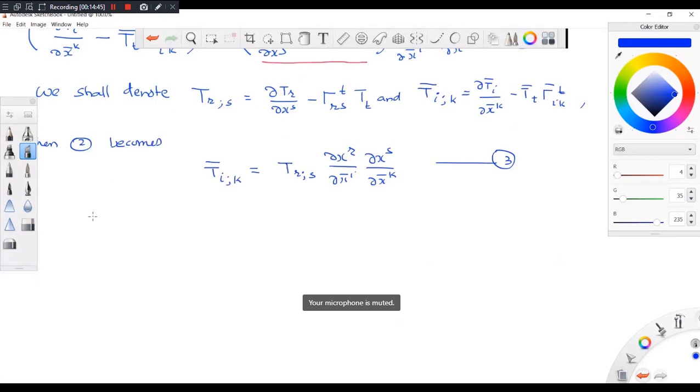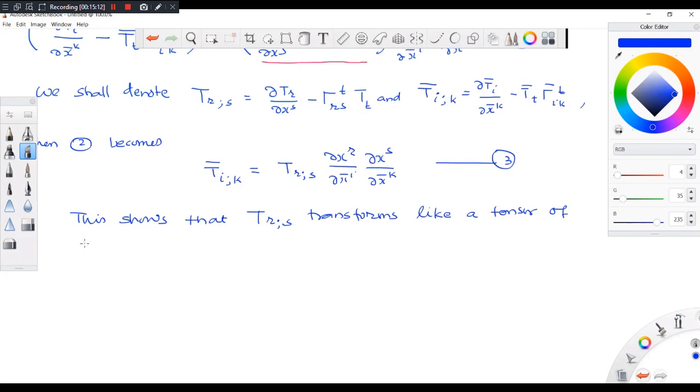So you can now write this shows that t_r;s transforms like a tensor of rank 2, of the type 0 2. 0 2 means there is no contravariant but only covariant 2. Okay, 0 2.